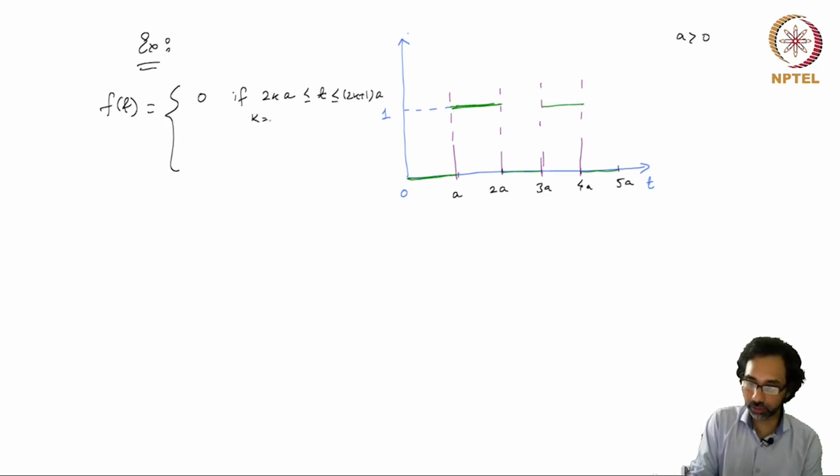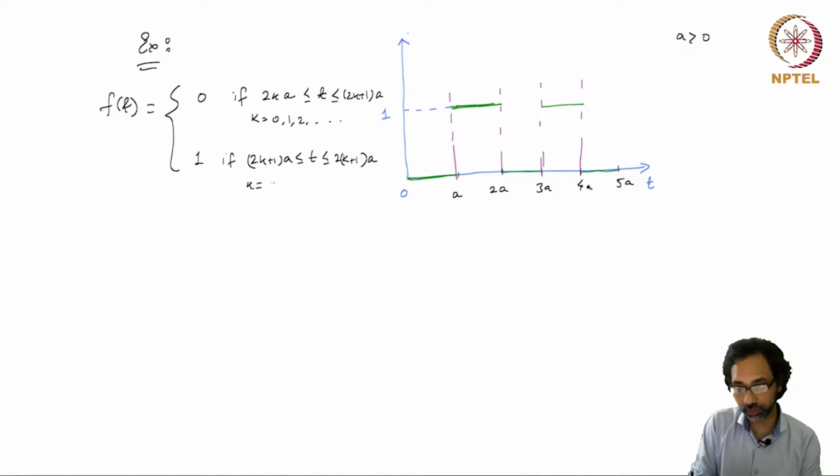This is for k equal to 0, 1, 2, etc. and 1 if (2k+1)a is less than or equal to t less than or equal to 2(k+1)a. So again k is equal to 0, 1, 2, etc.